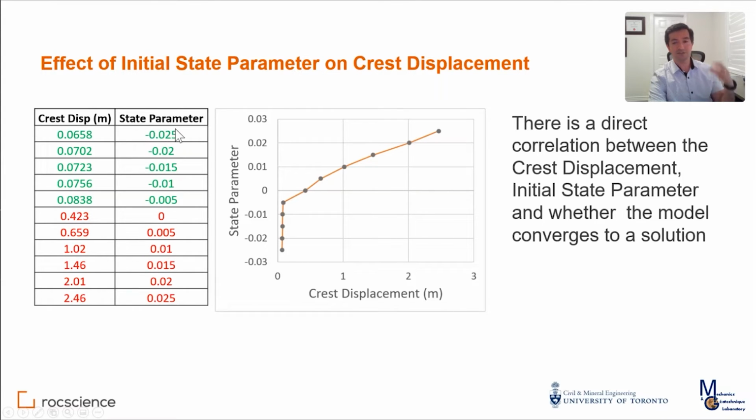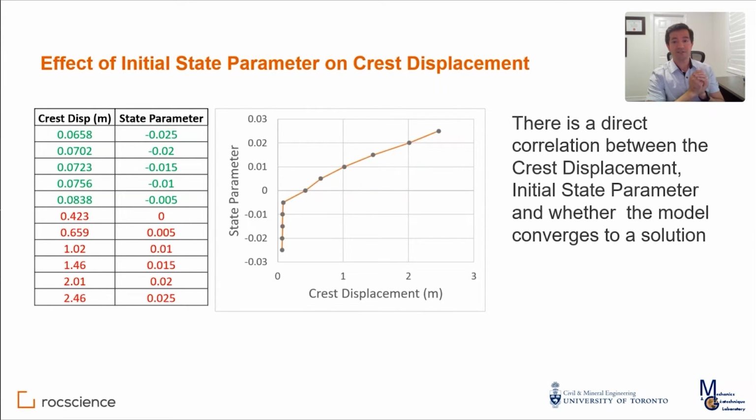Different state parameters were considered for the tailing materials. You can see that there is a clear jump, or change in behavior, when the state parameter is more than minus 0.005. From this point forward, the simulation did not converge, and the predicted displacements are rather high.